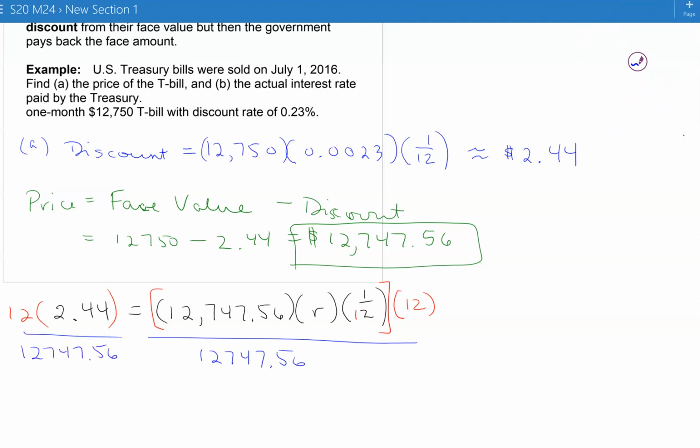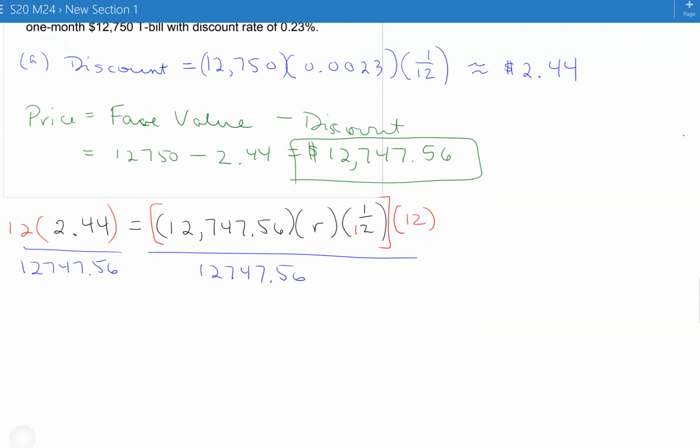I'm dividing by the price. So then I get that R is about 0.002297, which I can convert to 0.2297%. So you can see that's actually a little less than the 0.23% that's quoted as a discount rate.